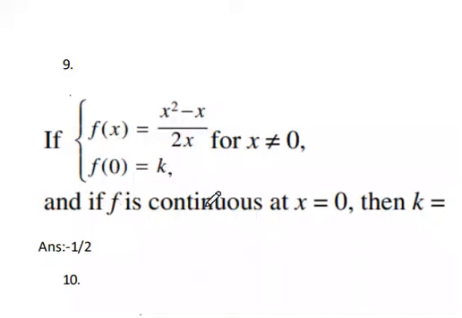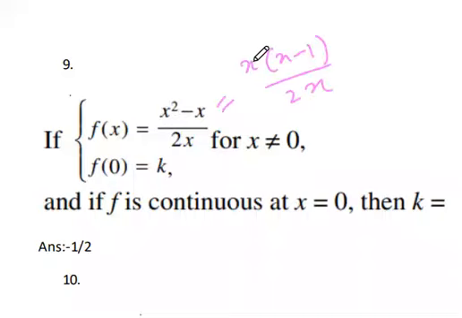So if f is continuous at 0, what is the value of k? Very simple. Why don't you simplify this rational function, because x is not equal to 0? Why don't you take the common factor x of these two terms and simplify that?